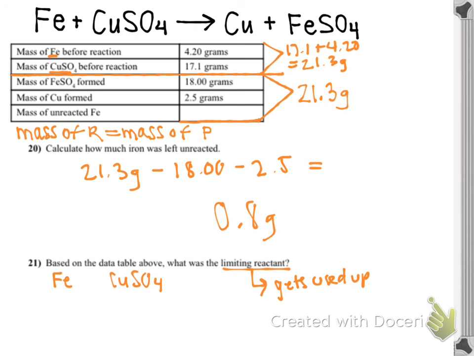If you look up top, you don't know which one necessarily gets used up, but you know that Fe does not get used up because there's leftover at the end. There's 0.8 grams of leftover. So if Fe has leftover, that means CuSO4 got used up, which means that is your limiting reactant.